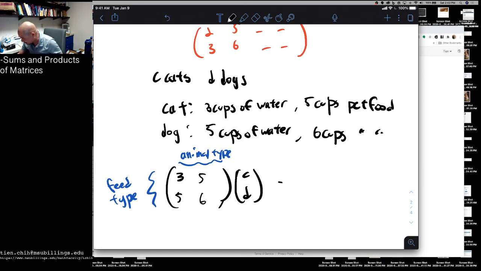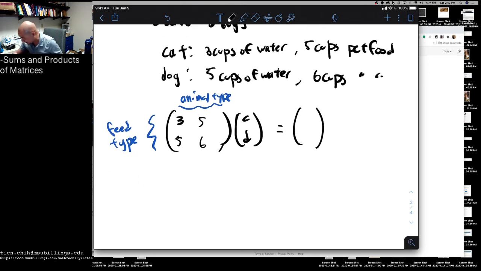So now if I take this product, what I end up with is 3C plus 5D for my first entry. And then my second entry, it's this row against that column, 5C plus 6D.